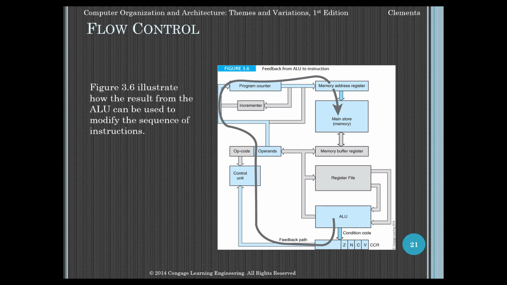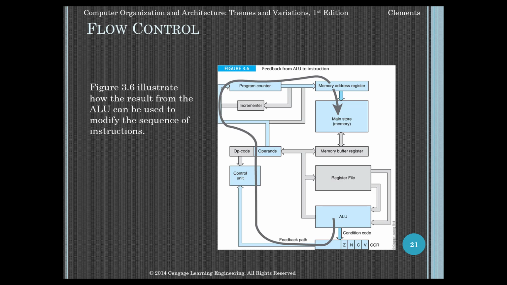So the next question, hopefully in your mind, is how does it know? How does it know what the status is? We call these status bits, or sometimes we call these flags. But ultimately, this is how conditional branches are implemented. When the computer performs an operation, it stores status and condition information into the CCR.